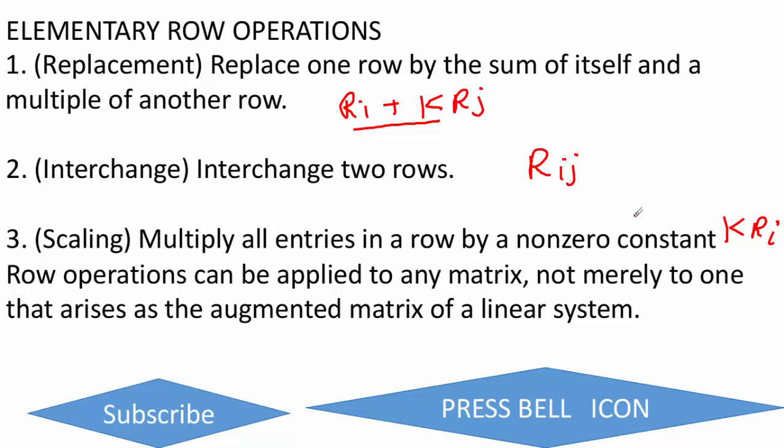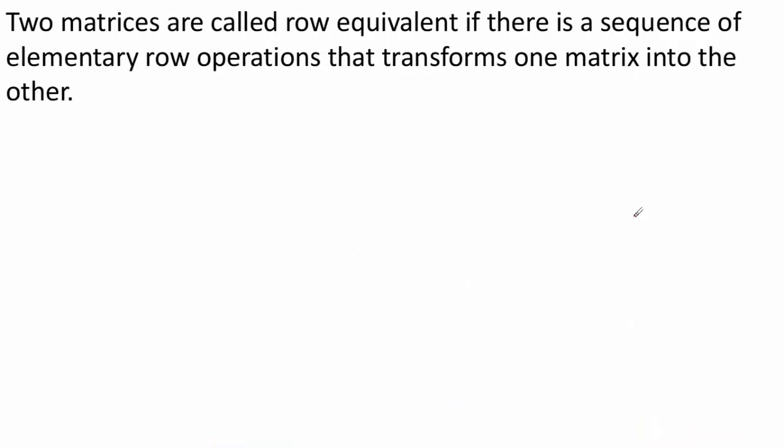Row operations can be applied to any matrix, not merely to one that arises as augmented matrix in a linear system. We shall define row equivalent matrix. Two matrices are called row equivalent if there is a sequence of elementary row operations that transform one matrix into another matrix.